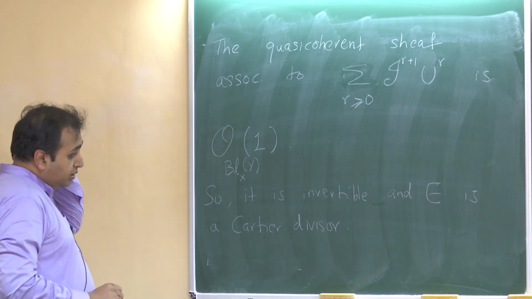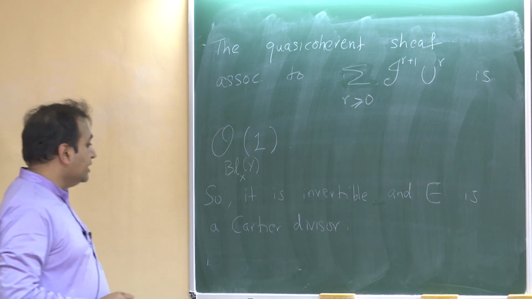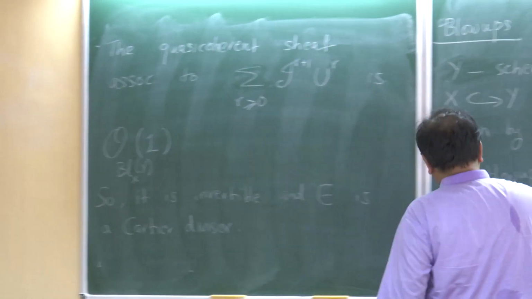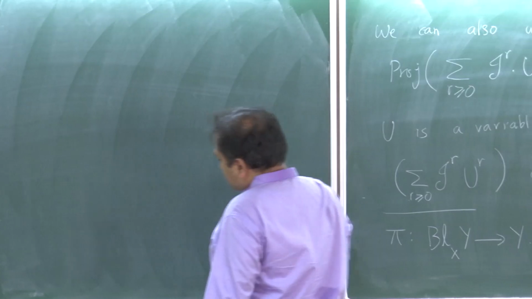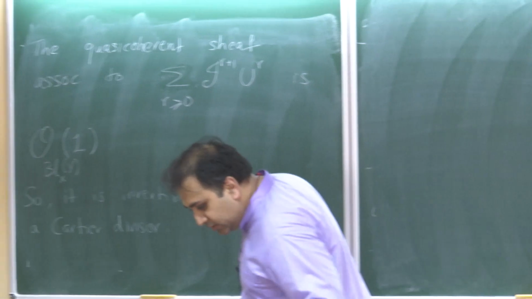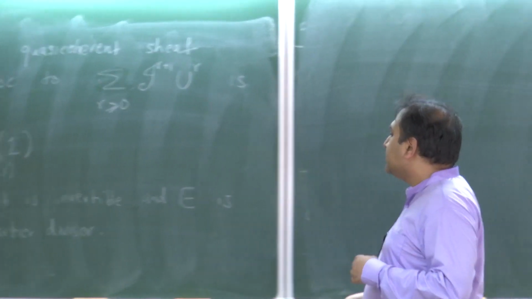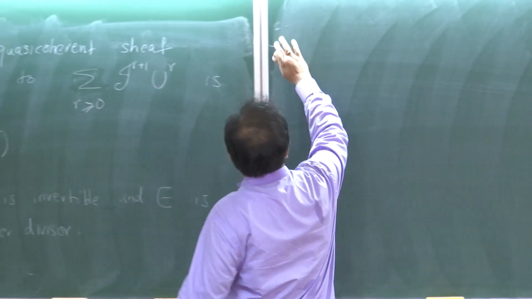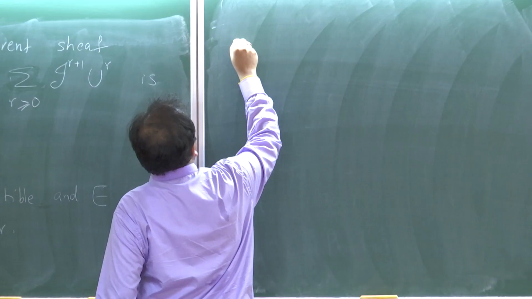So what are the local equations of this? That is what I want to see. I'll just write down what it is, and we can talk about it later if necessary.